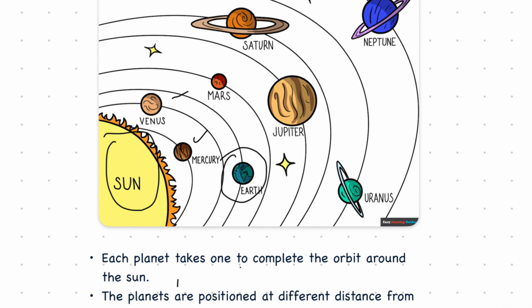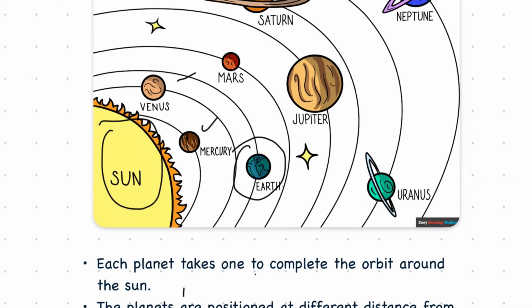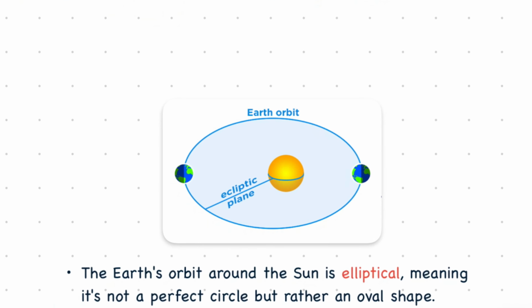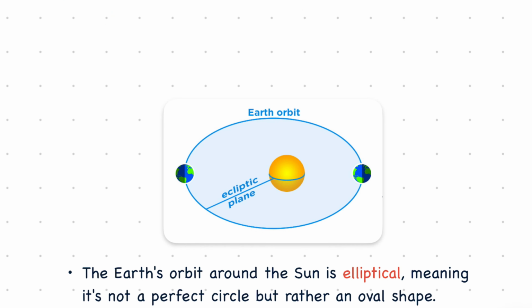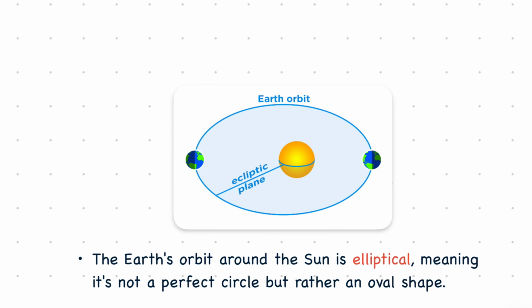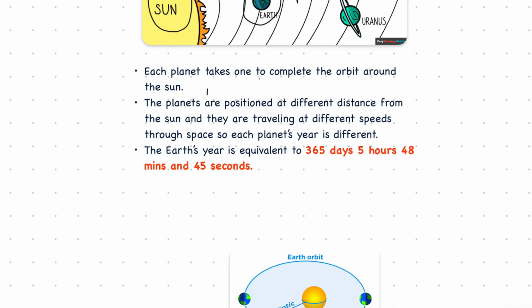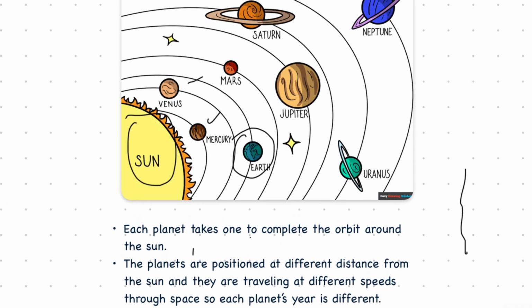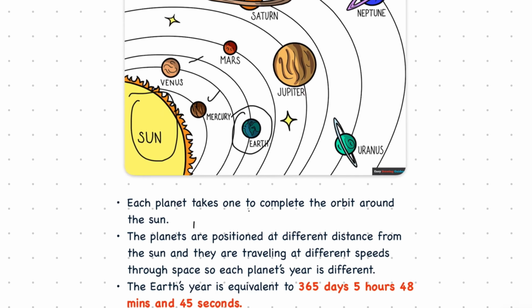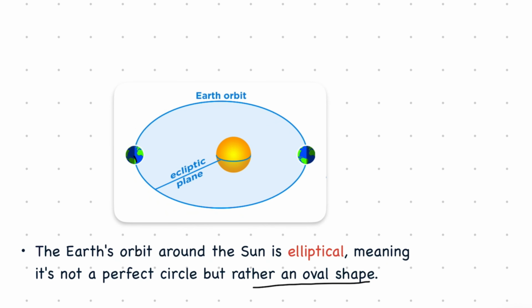Elliptical path is kind of an elongated circle, or you can say an oval shaped design which does not look like a perfect circle. The Earth's orbit around the sun is elliptical, meaning it's not a perfect circle but rather an oval shape. So not only Earth but all of the planets in our solar system follow this elliptical path, and it looks like this path.